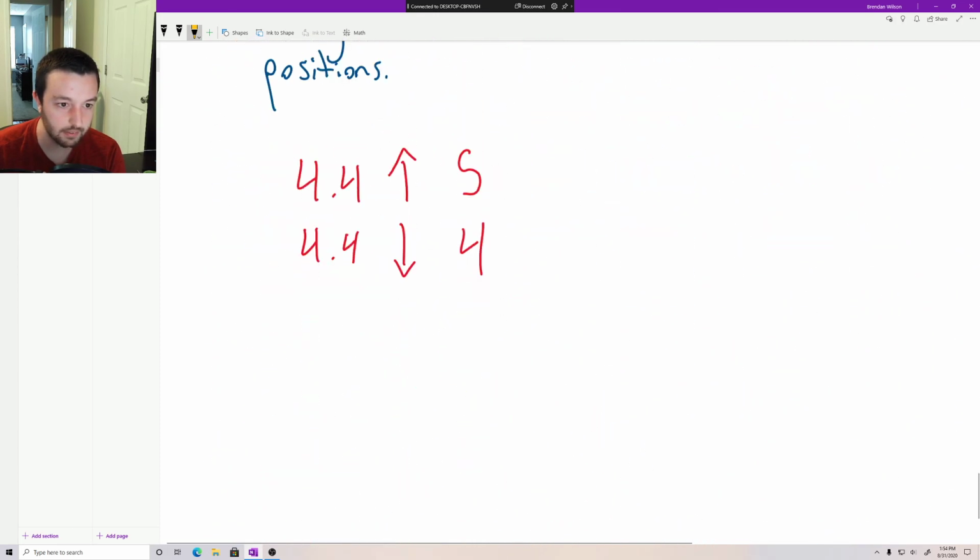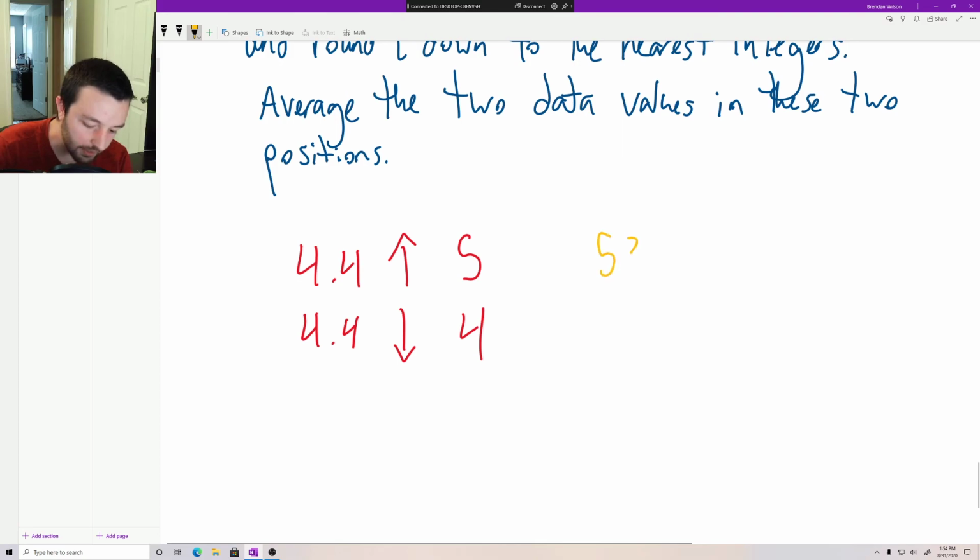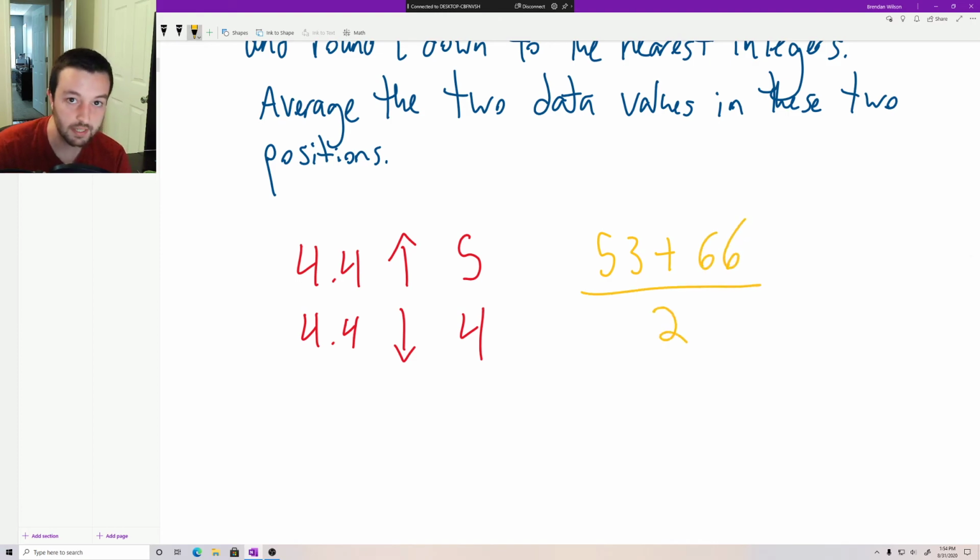Okay. Let's just go back down here. 53 plus 66, sorry, divided by 2, because we're taking the average and there's two of them. Okay. So 53 plus 66 is 119. Divide that by 2, and we get 59.5.